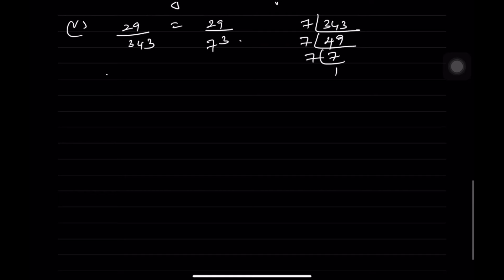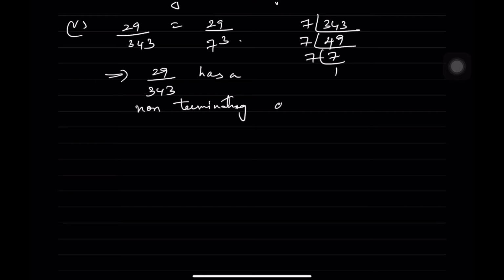So 29 by 343, because in the denominator you don't have a multiple of 2 or 5, has a non-terminating decimal expansion.